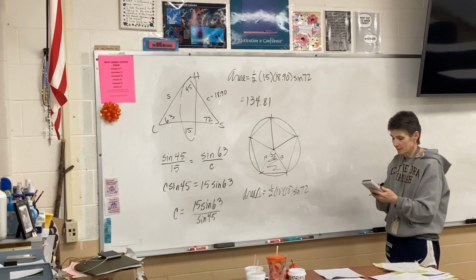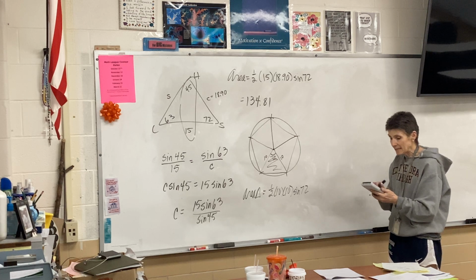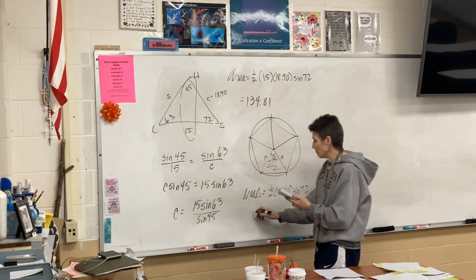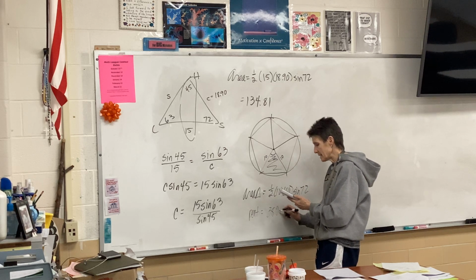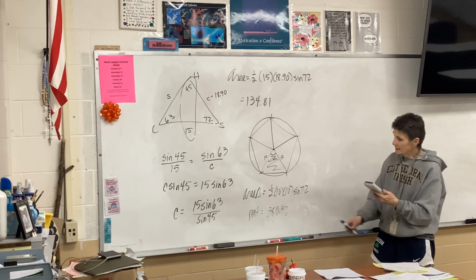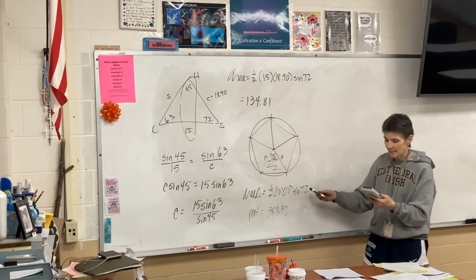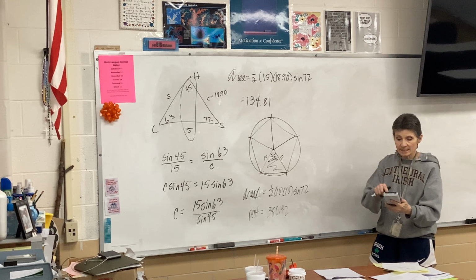Oh my goodness. I'm having a hard time here. So I times it by 8, I got 380.42 for the pentagon. So when I typed in 1/2, 10, 10, sine 72, I got like 47 point something. I just hit times 8.